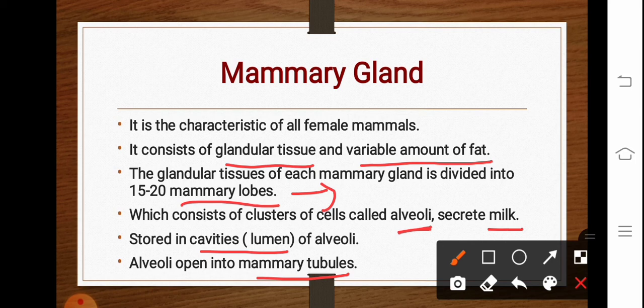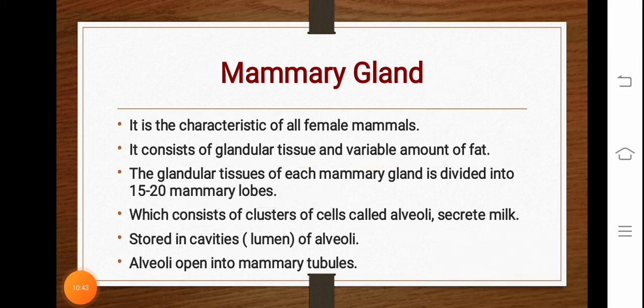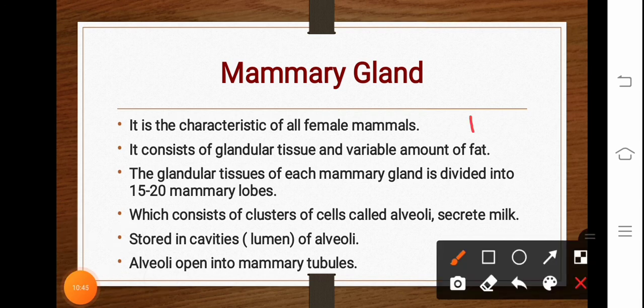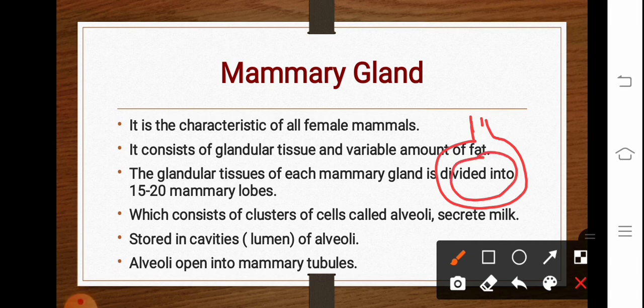If you consider this as alveoli, here is the lumen or cavity. Here milk secretion takes place. Agree? So this is the lumen or cavity.